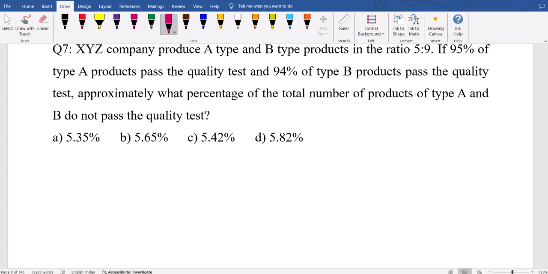Right. So see this. Approximately what percentage did not qualify? One shortcut I can take: the ratio is 5:9.